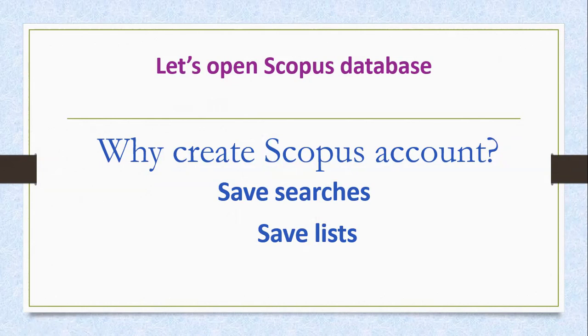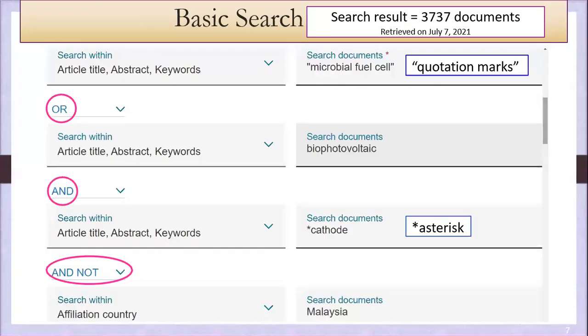Save searches, save lists. You need to have a Scopus account because it provides a lot of research articles related to your domain. I have told you in the basic search techniques that you need to use OR when you want to find a synonym of your major key terms.